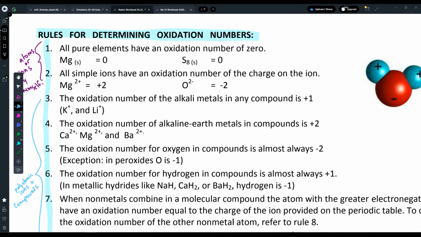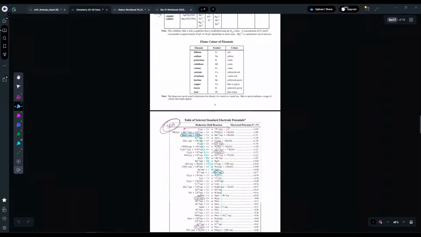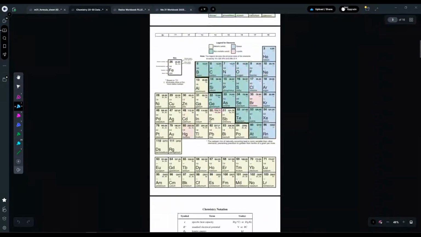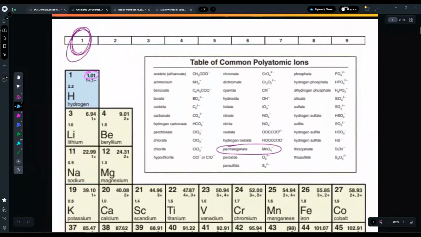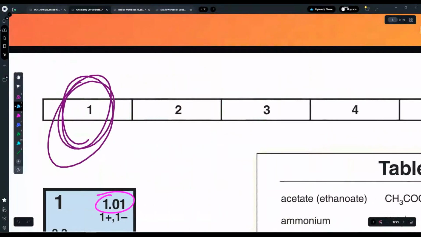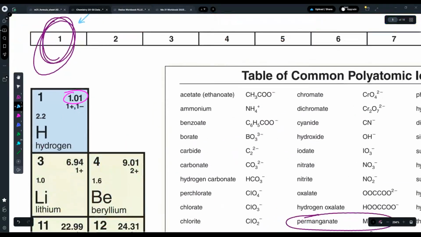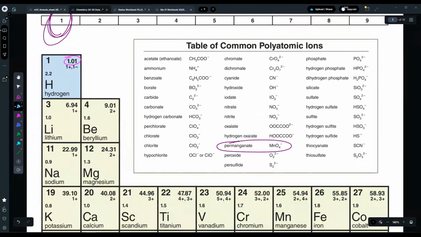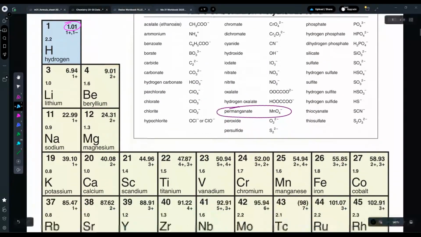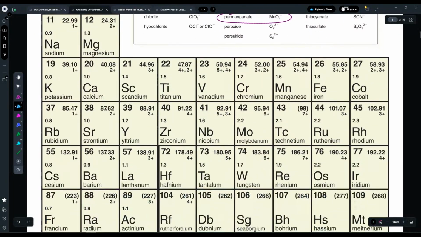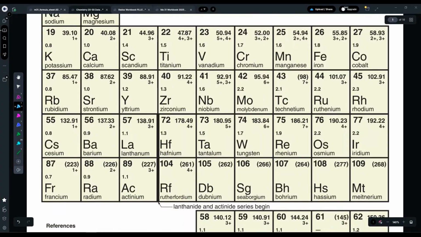So alkali metals, those are your group 1 metals. By group 1, I mean the number of the column at the very top of the periodic table. So this would include lithium, sodium, potassium, rubidium, cesium, and francium.